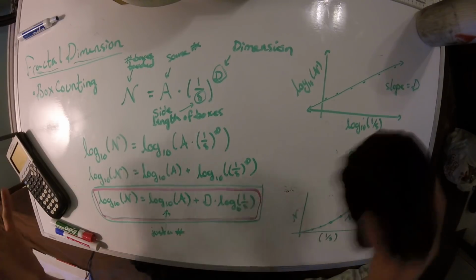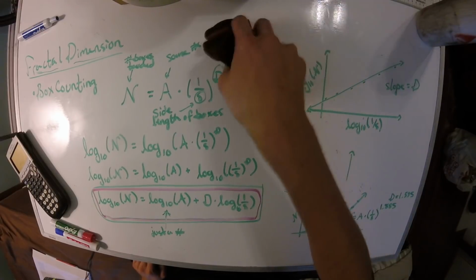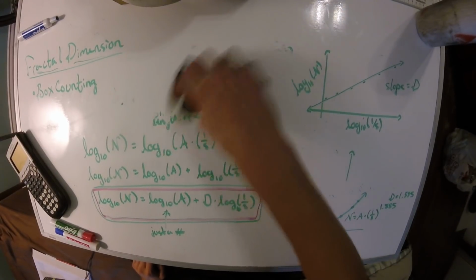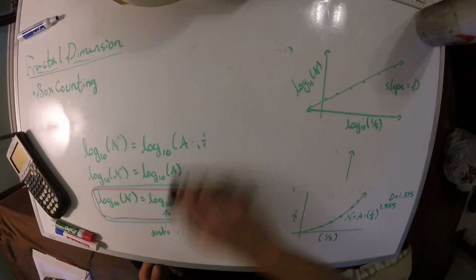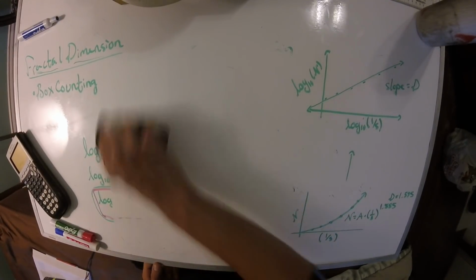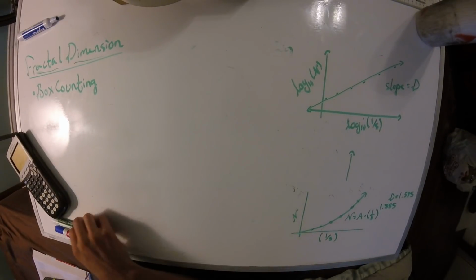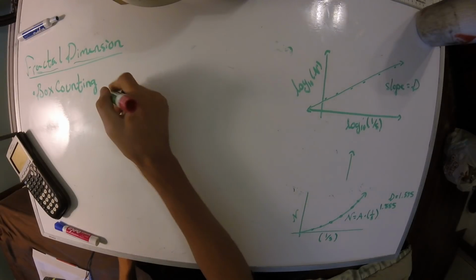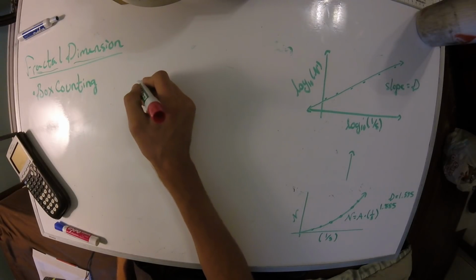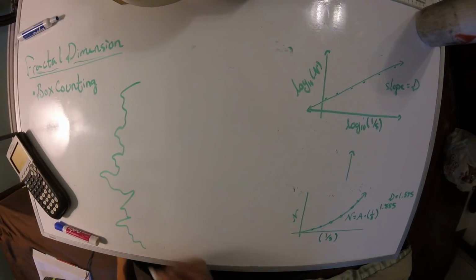So what you can do here to wrap up this whole lesson into one process that you can carry out on your own: let's say that you have a shape, and your shape is like the edge of a coastline, and it kind of does this.